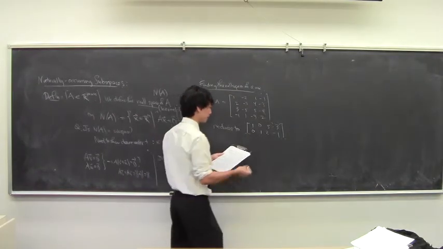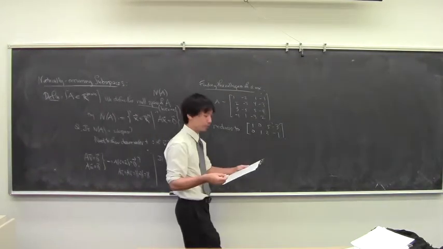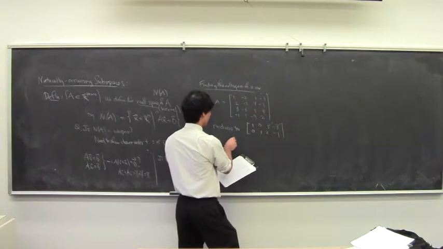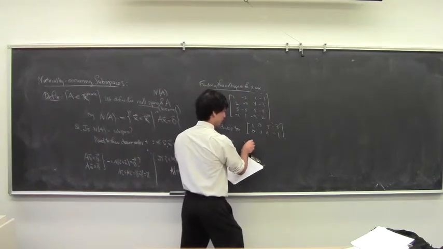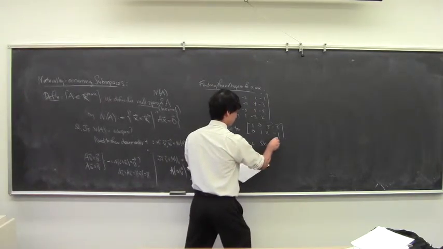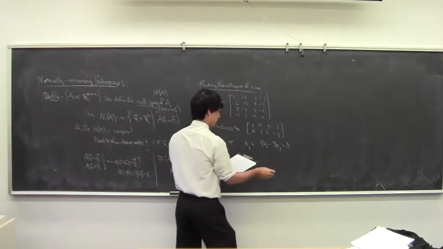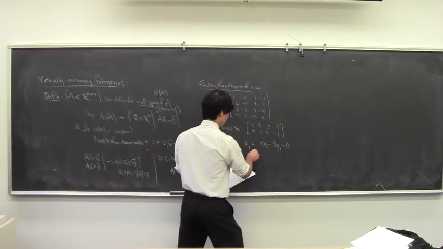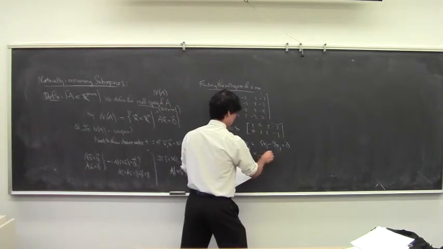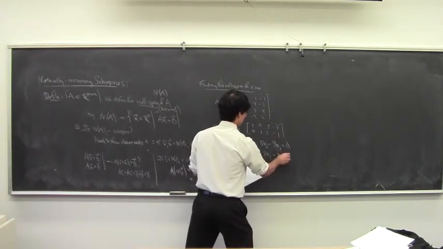This is all stuff you've seen before, basically. So you've got x1 plus 5x3 minus 3x4 equals 0, and x2 plus 2x3 minus x4 equals 0.